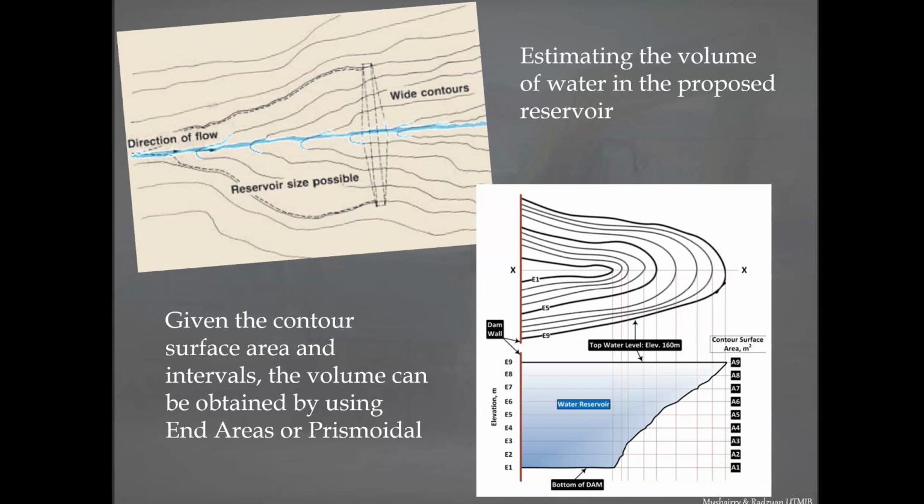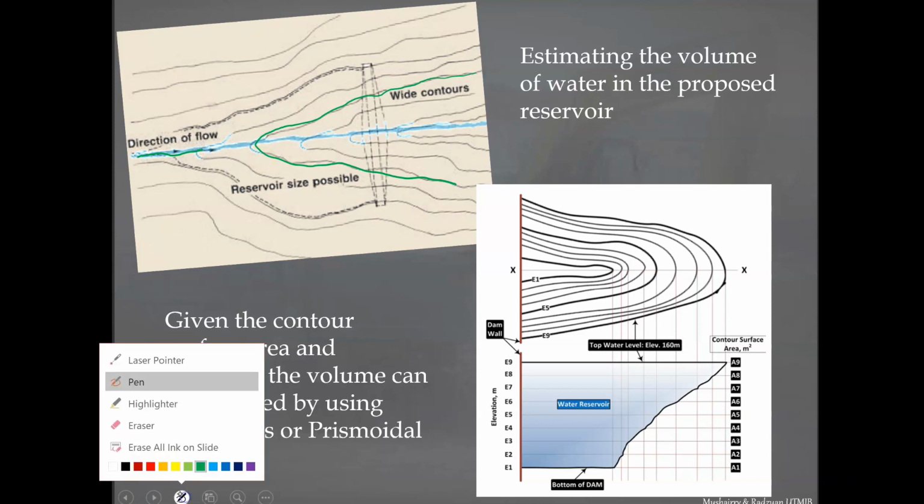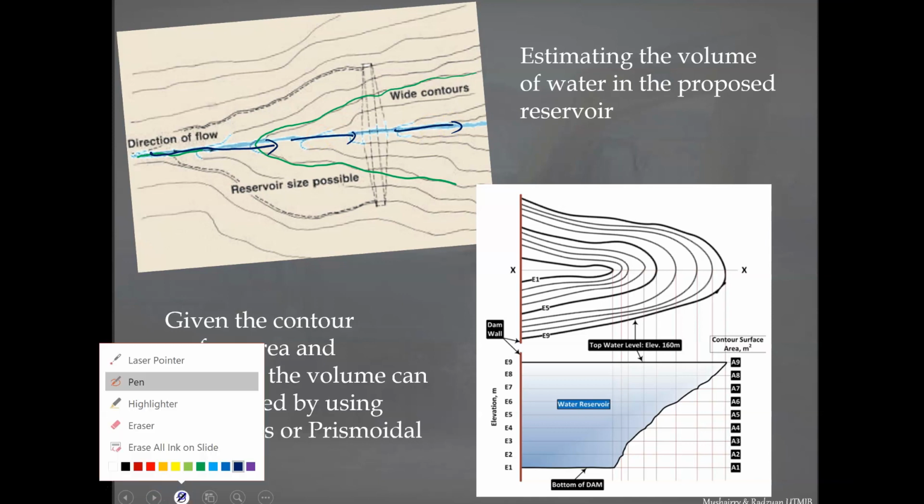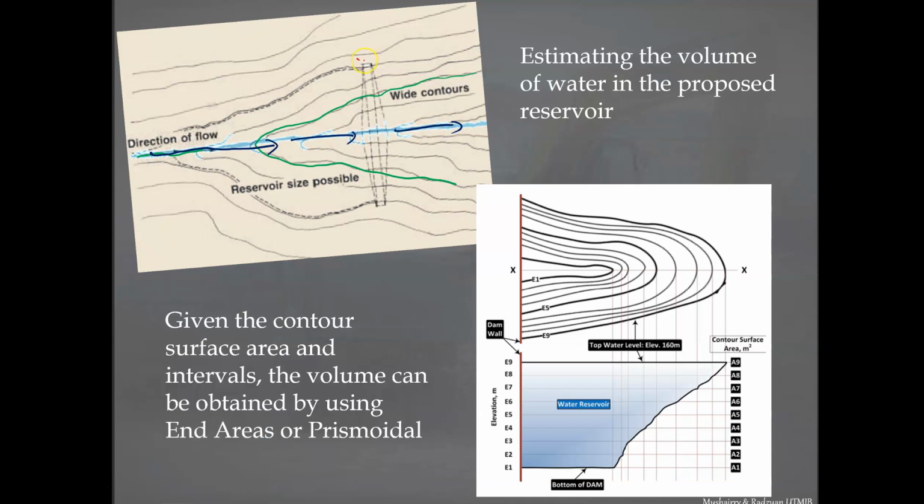In this case, we have contours going from low to high, and that blue line represents a river which flows that way. They're proposing to build a dam there, and the water will be contained behind the dam like that.